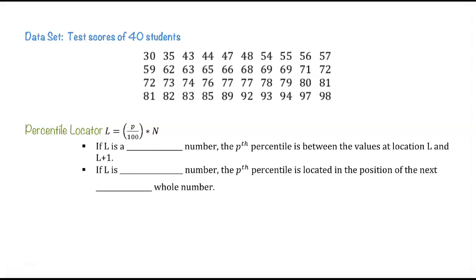We can use what's called the percentile locator, and we denote that with a capital L. And we calculate L by dividing P by 100 and then multiplying by the total number of data values, which is our capital N. If we do this calculation and we find that L is a whole number, then the pth percentile is between the values at location L and L plus 1. If L is not a whole number, then the pth percentile is located in the position of the next greater whole number. So we round up to the next whole number.